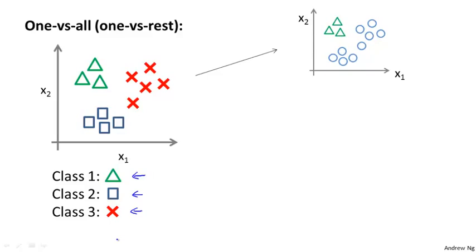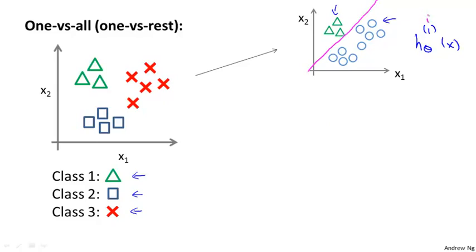We're going to create a new training set like that shown on the right, and we're going to fit a classifier which I'm going to call h subscript theta superscript 1 of x, where here the triangles are the positive examples and the circles are the negative examples. So think of the triangles being assigned the value of 1 and the circles the value of 0. And we're just going to train a standard logistic regression classifier, and maybe that will give us a decision boundary that looks like that.